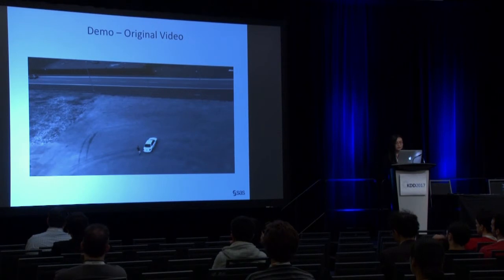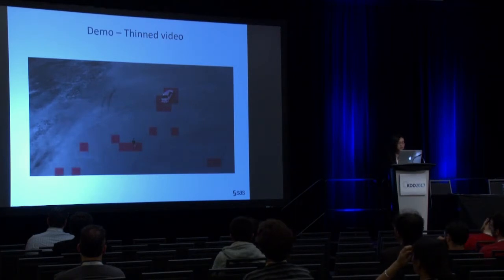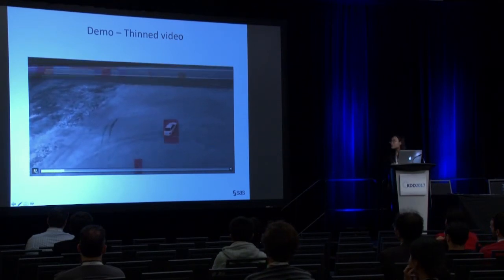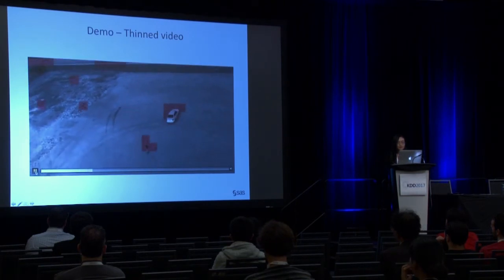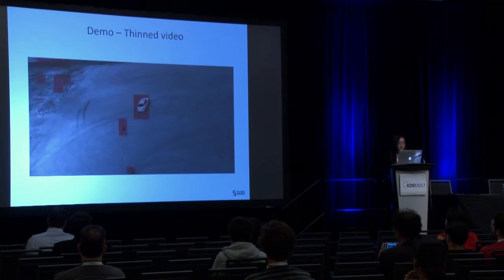All right, with the online thinning method, the red patches are the patches we flag as anomalous. What you see is even with the vibration, it very consistently flags the people and the car.